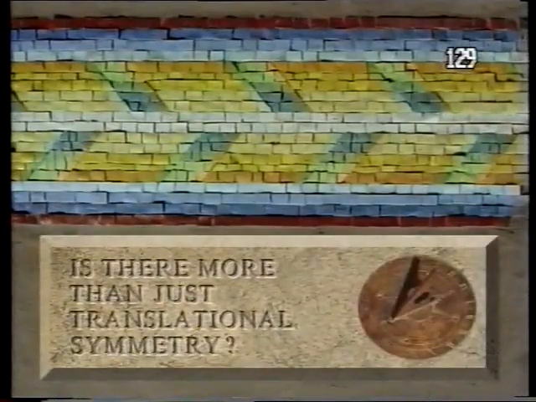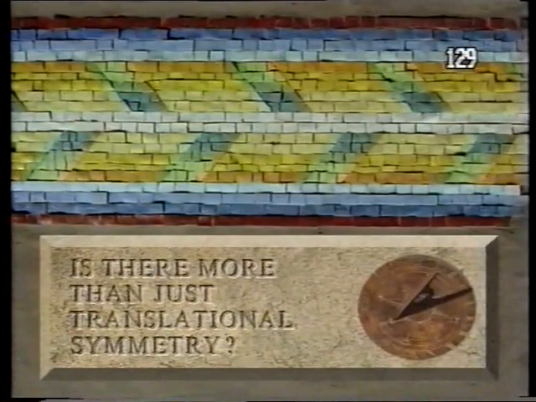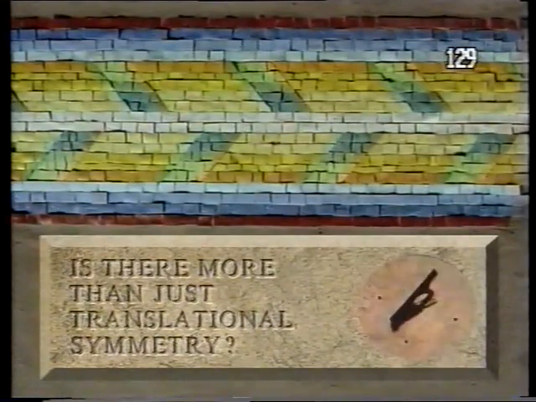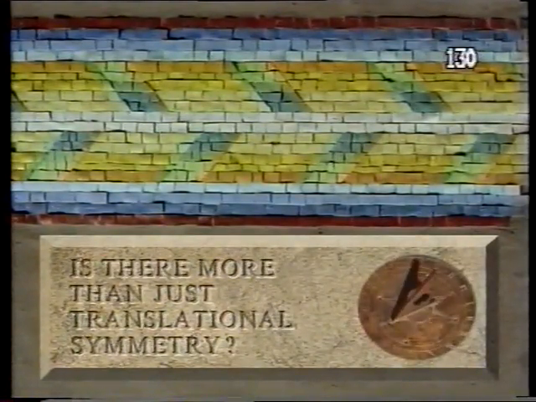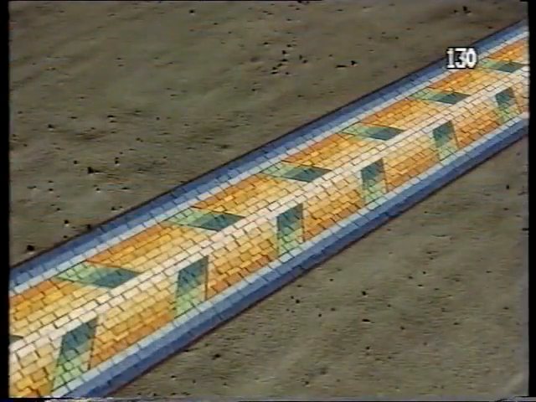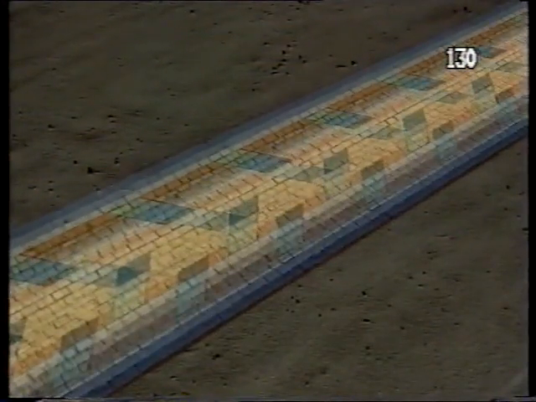But what about this frieze? There are no reflections and no rotations, but surely there's something more than just translational symmetry. Well, if we reflect in the horizontal midline, it doesn't quite match. But if we move it along, then it does.